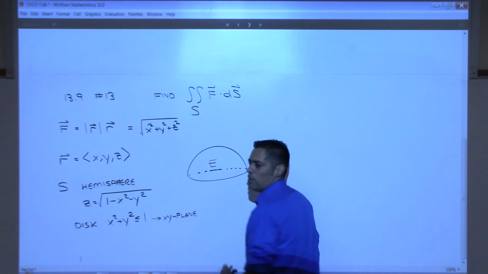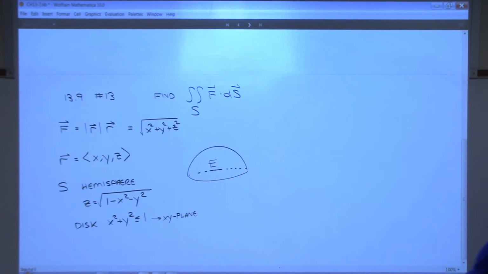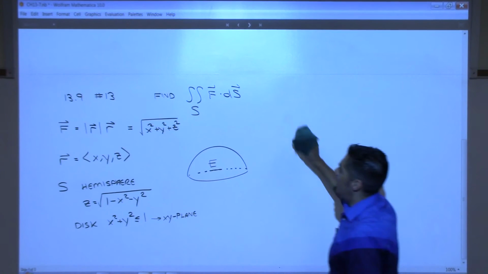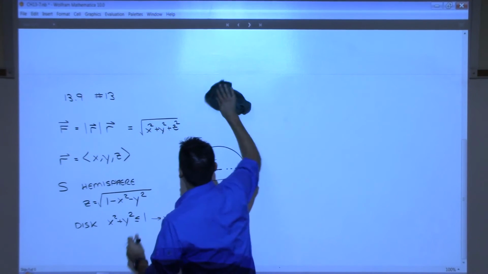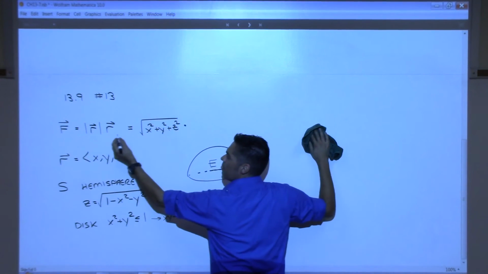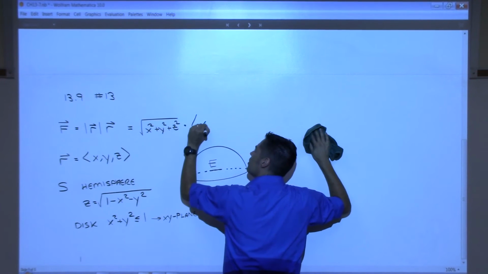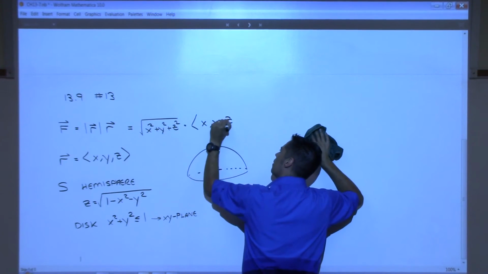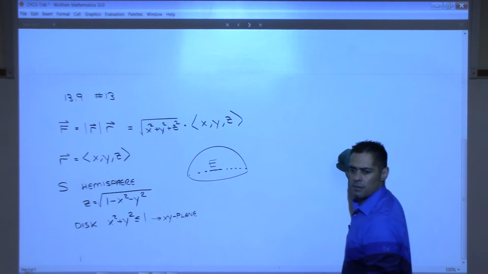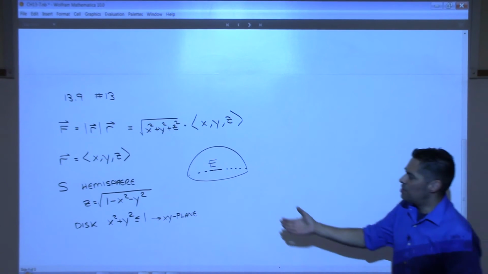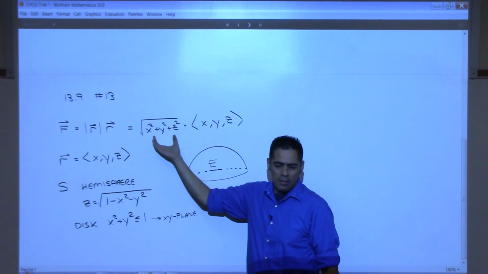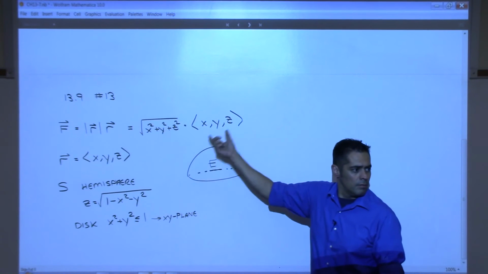That is just a number, isn't it? Okay? And then we have times the vector r, which is x, y, z, right? That's what that means. And since this is just a number or a scalar, I distribute it through to each component.